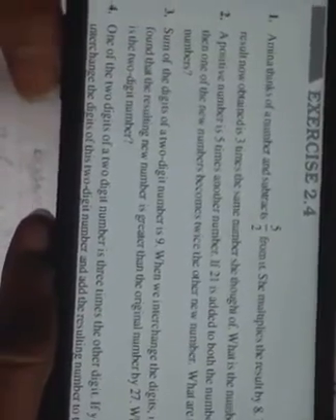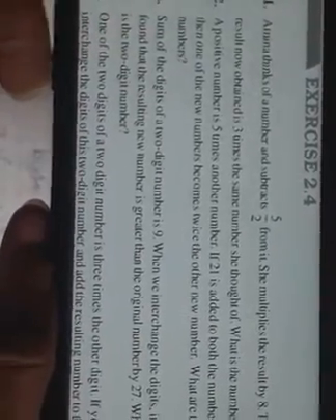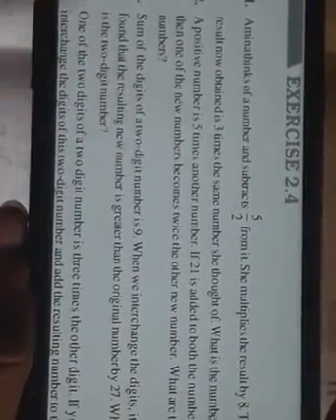Now we have the second question here. See what the question is. A positive number is 5 times another number. Okay, we have a positive number that we don't know, but it is 5 times another number. If 21 is added to both numbers, then one of the new numbers becomes twice the other number.